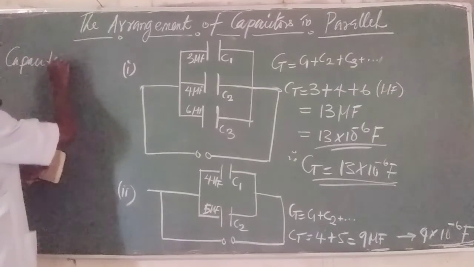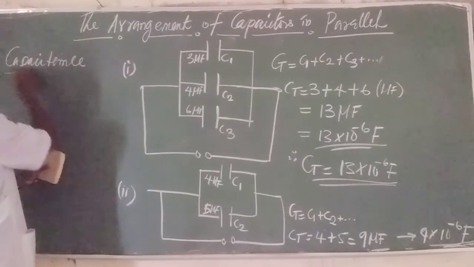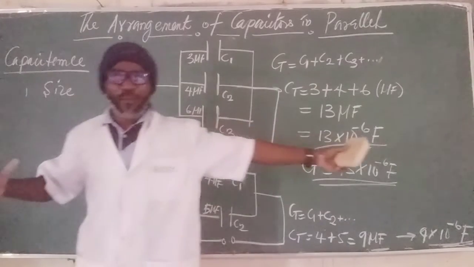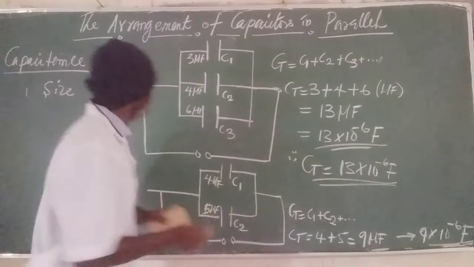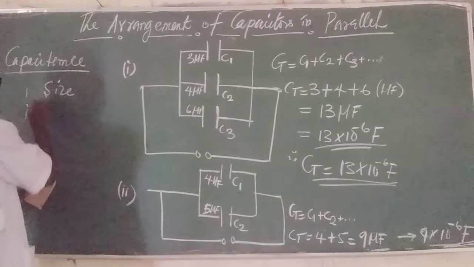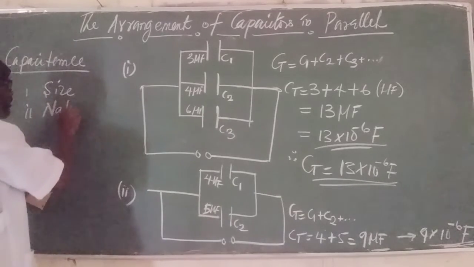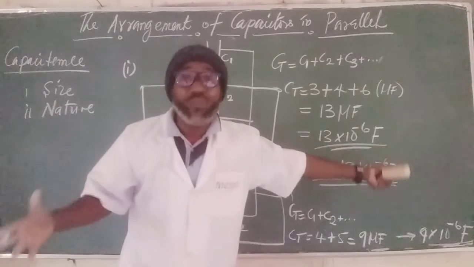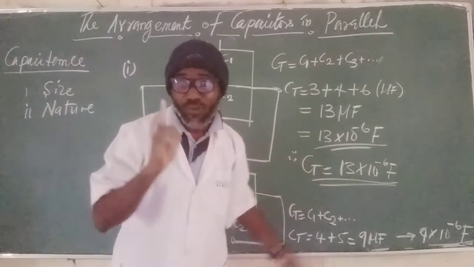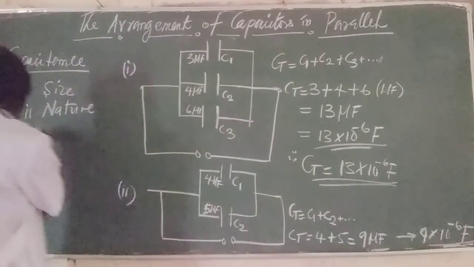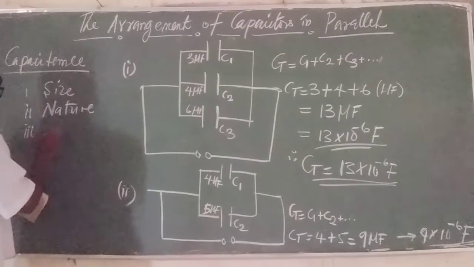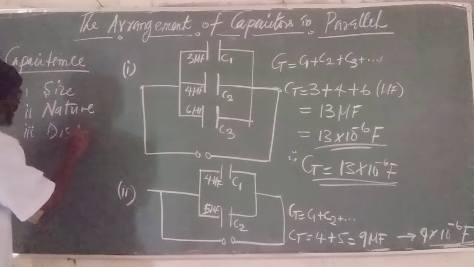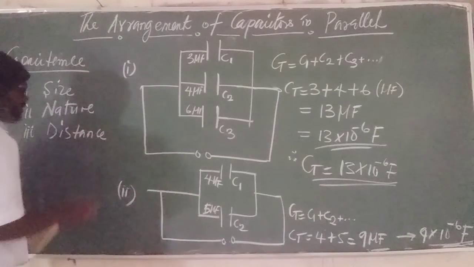Okay? These things are, number 1, the size of the capacitor. Number 2 is the nature of the dielectric substance separating the 2 plates. Number 3 is the distance between the 2 plates.